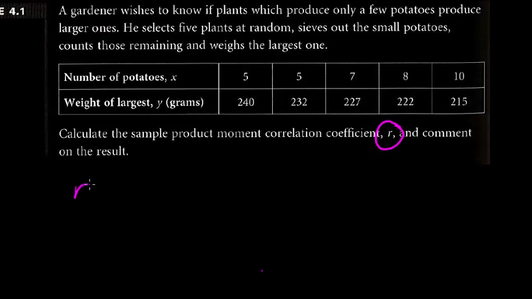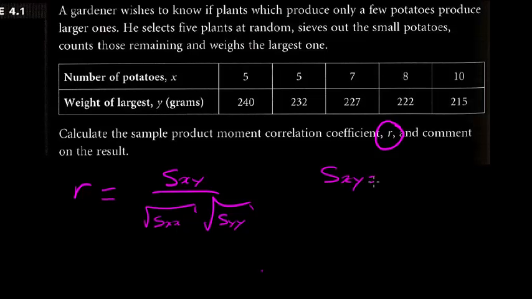Well, you should know your formula now for r, and r is Sxy over the square root of Sxx times the square root of Syy. So we're going to need to know all of those little bits and bobs. Now, you should remember that Sxy and Sxx all run a similar theme.